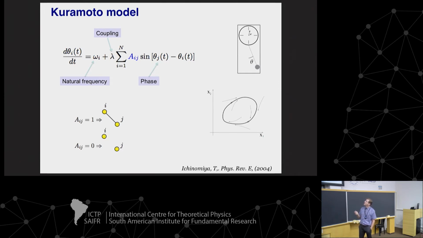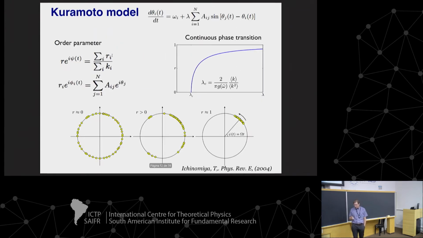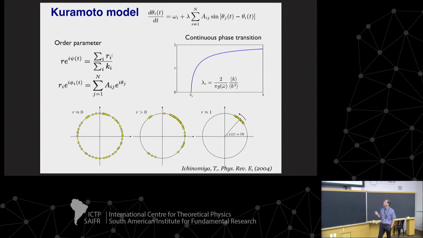And the interaction is given by the coupling, which defines the strength of connection, and also the sine of the difference between the phases. So if you calculate the order parameter for this model, we can see that after a given threshold, a given critical strength, we have the emergence of synchronization.